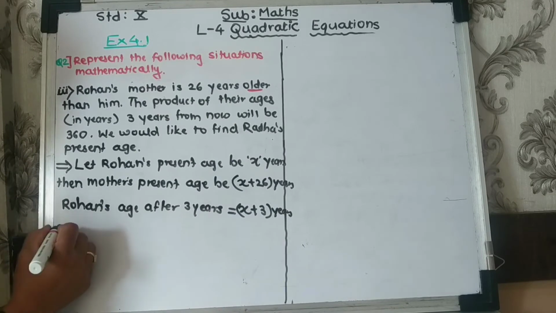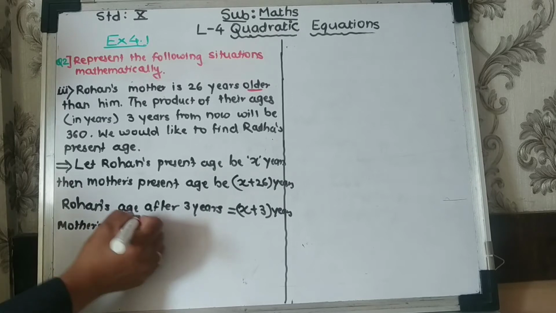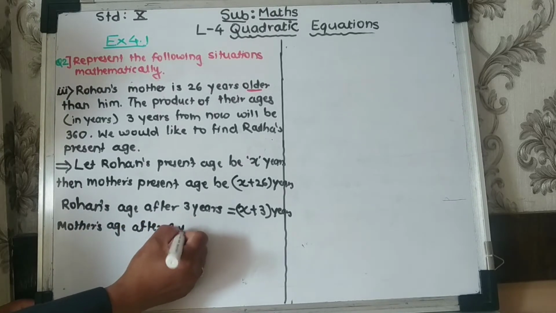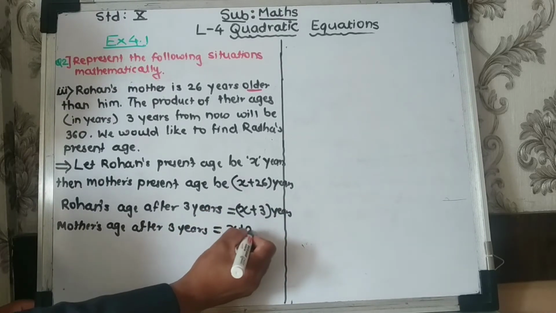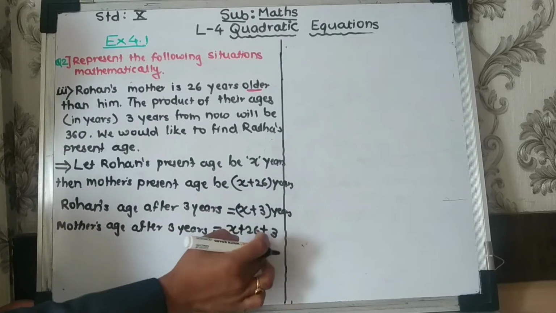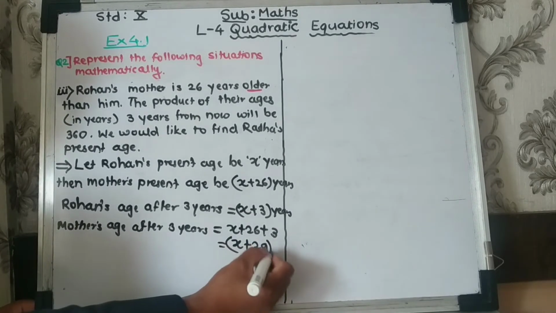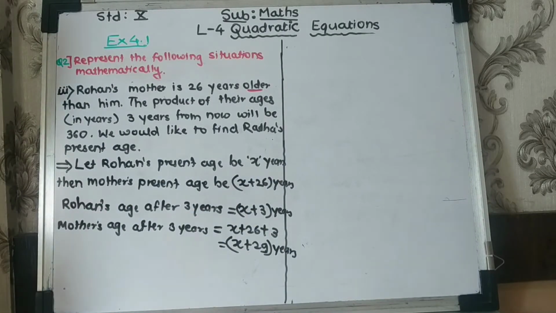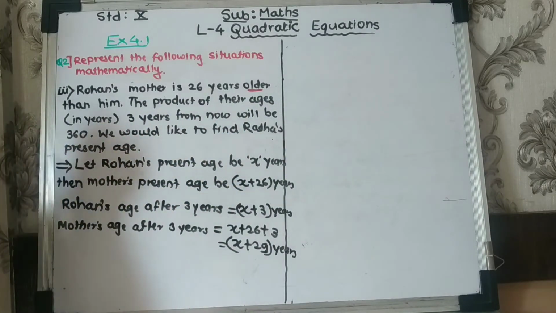Then, likewise, mother's age after 3 years will be what? x plus 26 plus 3. To the present age, we will add 3 years. So it becomes x plus 29 years. Understood this one? Now what? The product of their ages will be how much? 360.